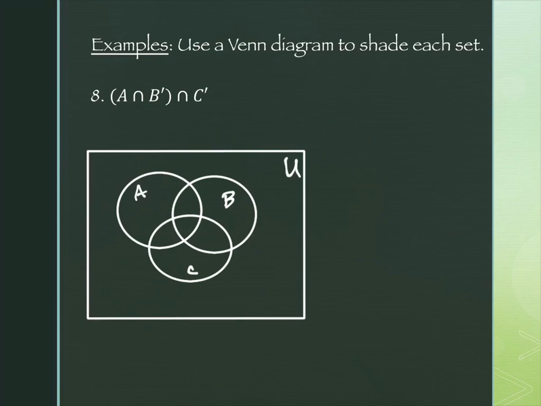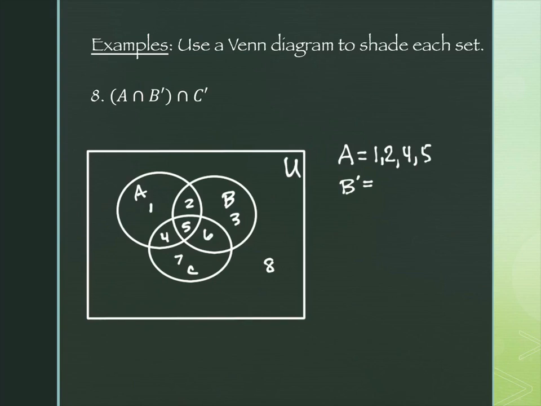Put my numbers in the same way every time so that I don't have to think about it. 1, 2, 3, 4, 5, 6, 7, and don't forget the outside is 8. Okay, starting inside the parentheses, what's the first item I'm going to write down? A. And what numbers are in circle A? 1, 2, 4, 5. What else is in the parentheses? B prime.